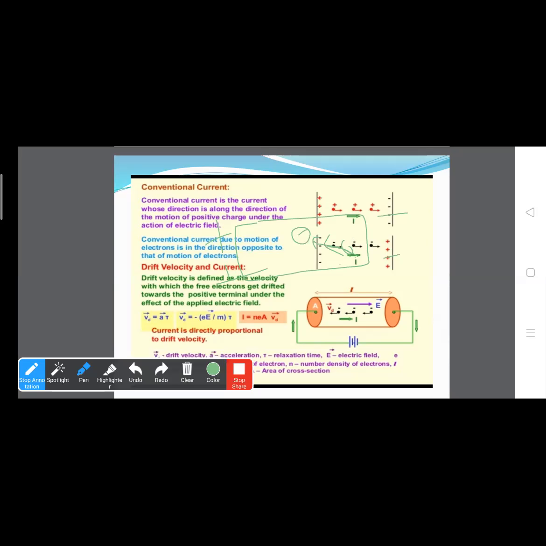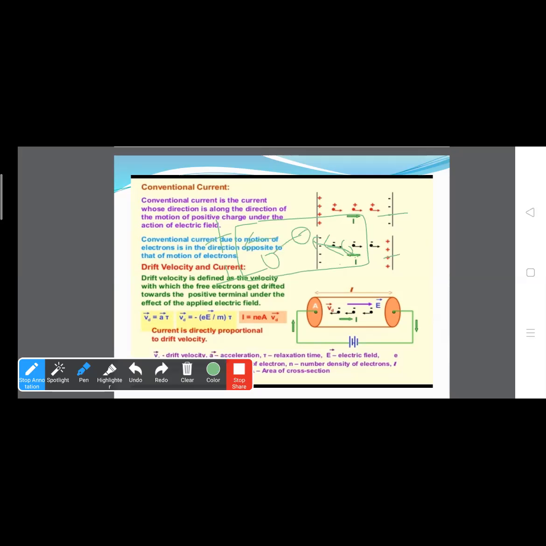After each collision, the electrons are again accelerated due to the electric field towards the positive end of the conductor and lose their gained kinetic energy in the next collision with the ions or atoms of the conductor. It means the extra velocity gained by a free electron is lost due to collisions. This process continues till the electron reaches the positive end of the conductor.